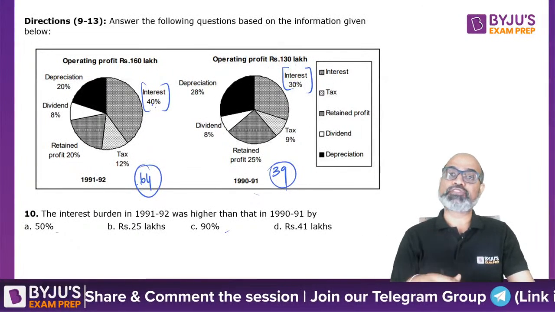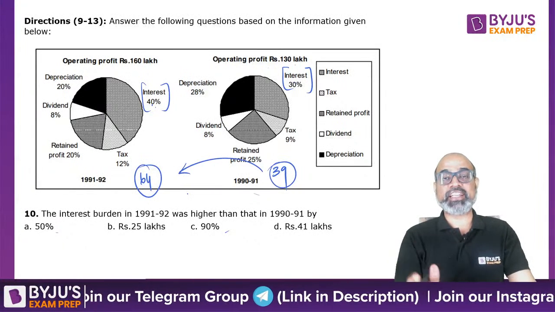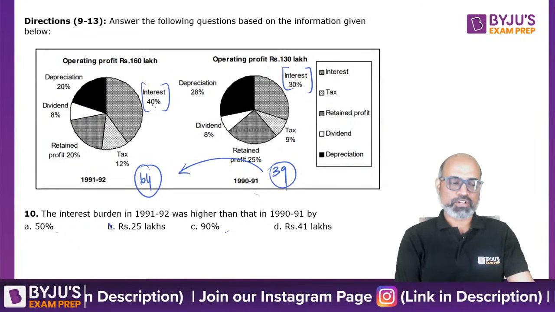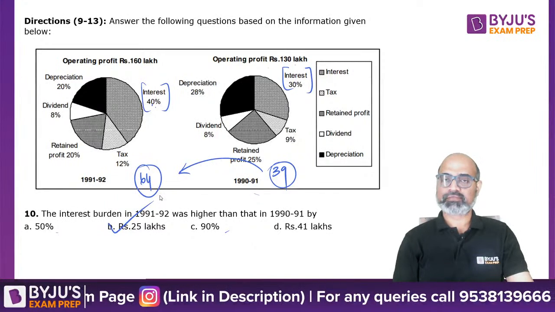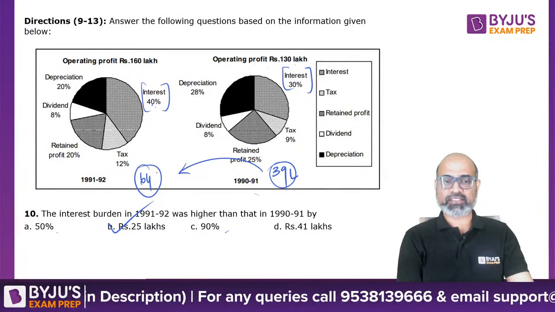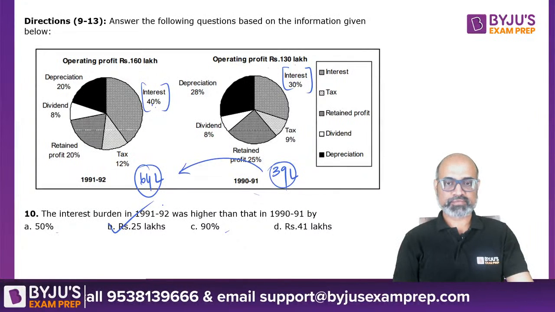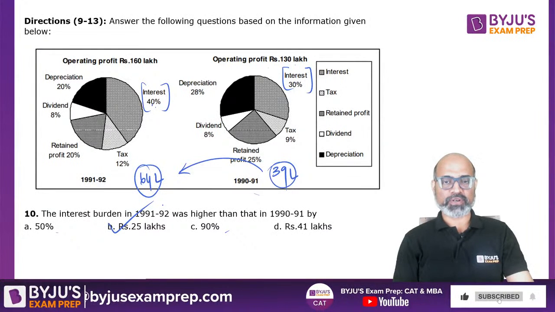Otherwise, we will go after percentage change. 39 has become 64, the interest burden. How much is that? 25 lakhs. This is 39 lakhs. This is 64 lakhs. Right? 39 plus 25 is 64.